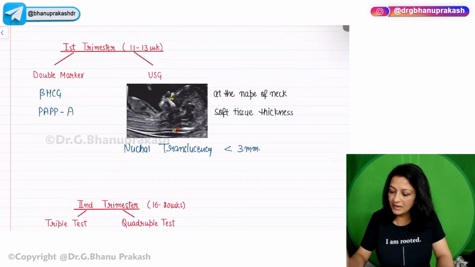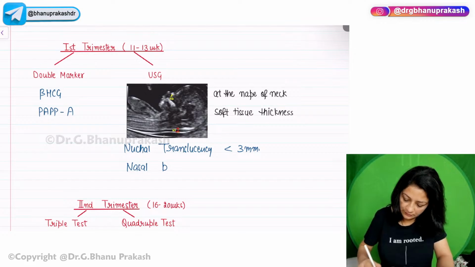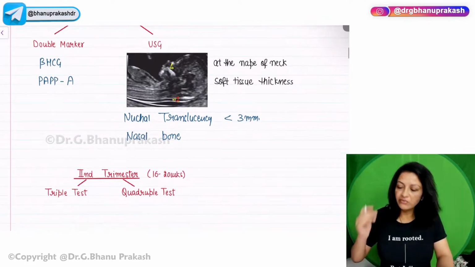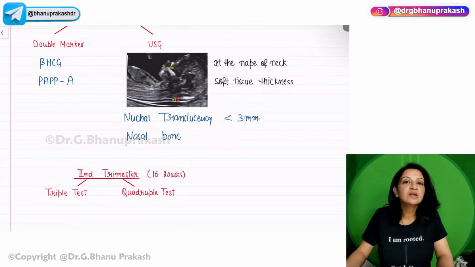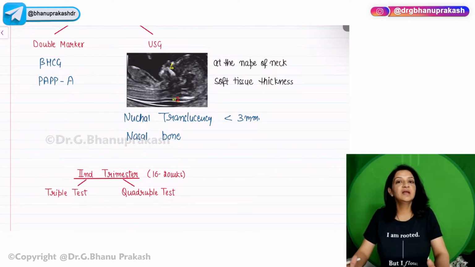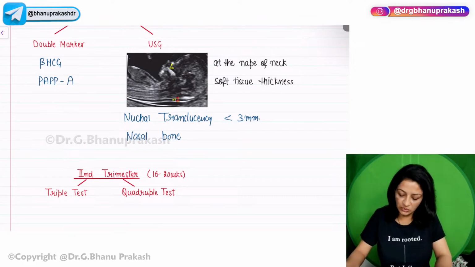Yes, and nasal bone, and we will check the presence of nasal bone. So in case of Down syndrome, if the values are more than 3 mm and if the nasal bone is absent, तो diagnosis क्या हुआ? Screening क्या हुई? Down syndrome की.